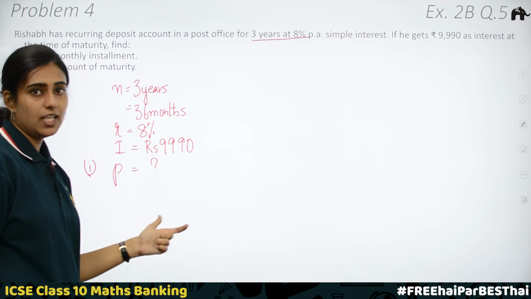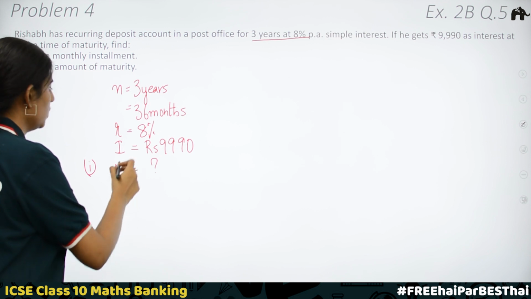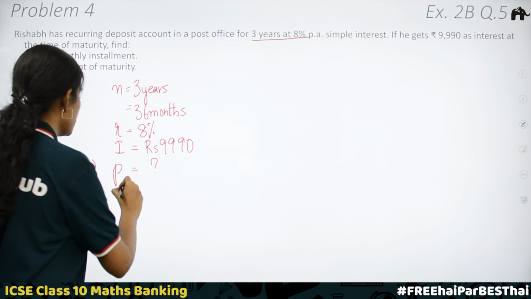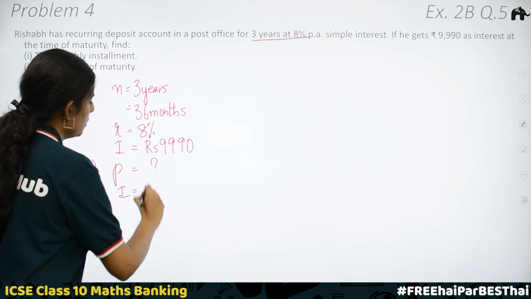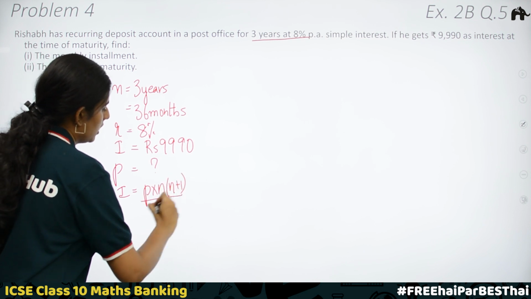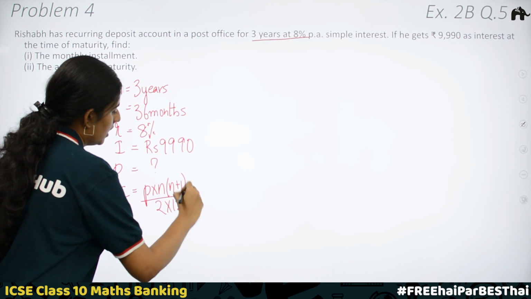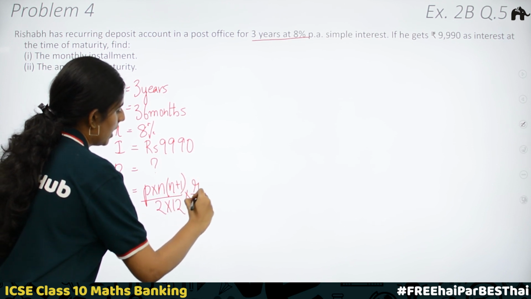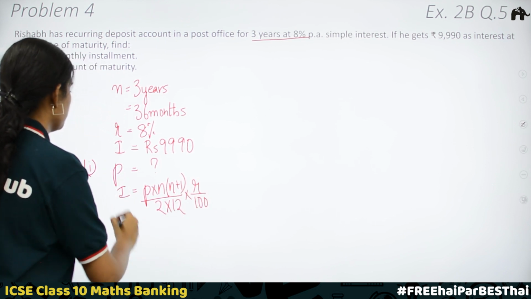How do you find P? Use the equation to find interest. That is, I is equal to P into n into n plus 1 divided by 2 into 12 into R divided by 100.